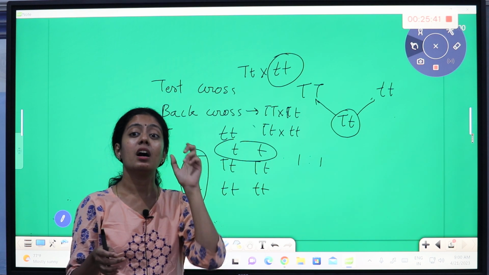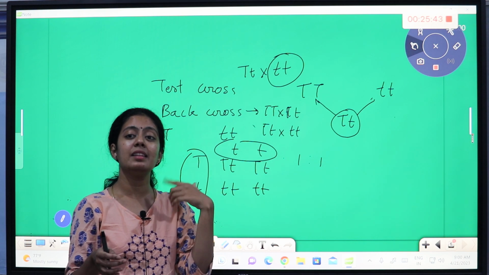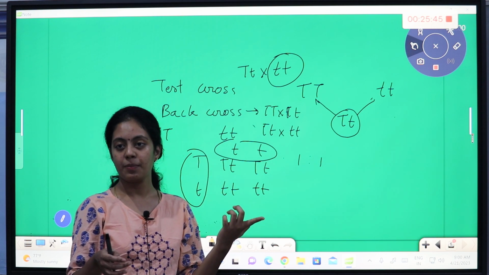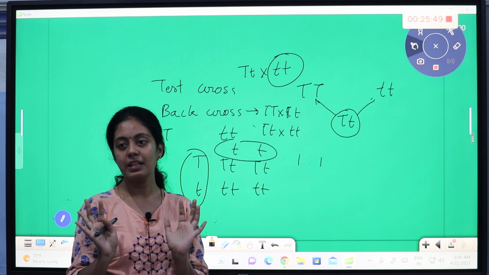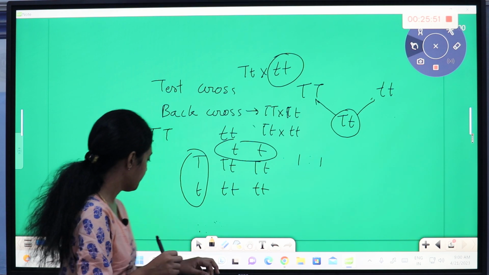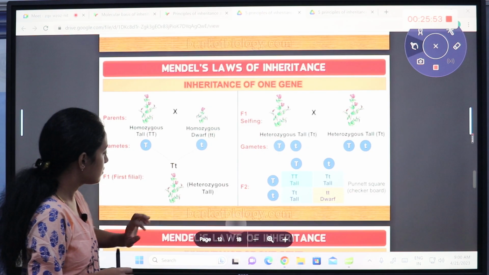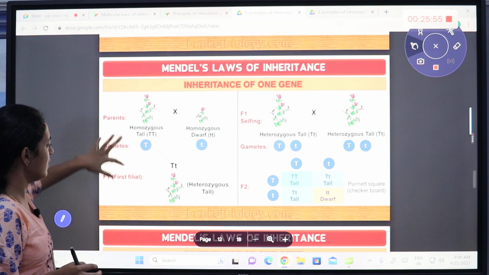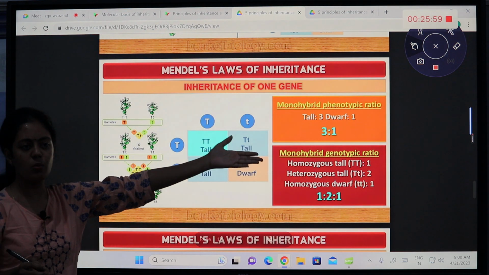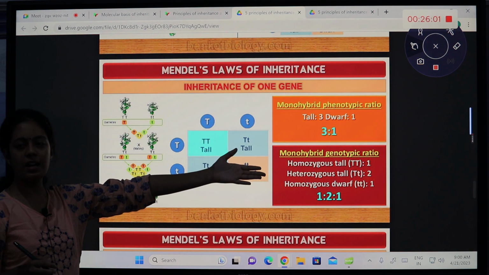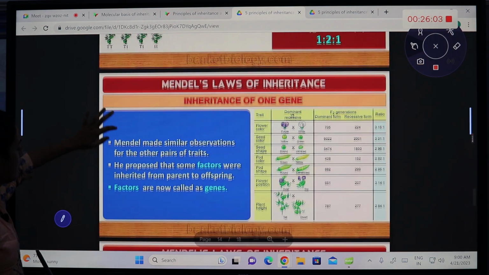Test cross is a cross of the F1 with the recessive parent. Okay, so I can say test cross is a type of back cross. Can I say it? Okay. So here is the same thing that I've shown here. This is a phenotypic ratio 3:1, genotypic ratio 1:2:1.